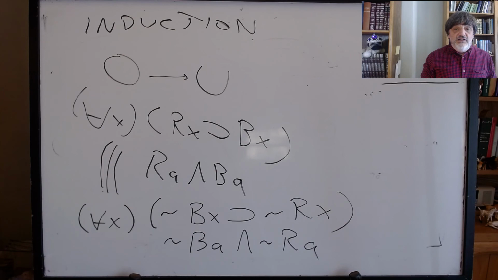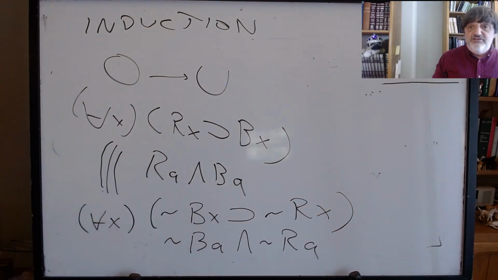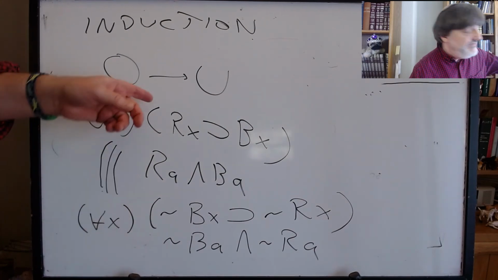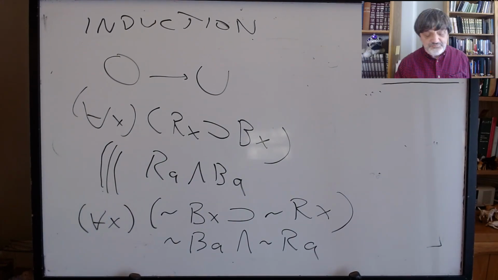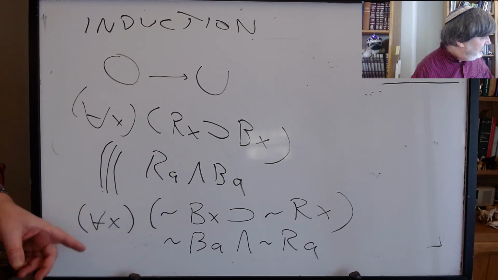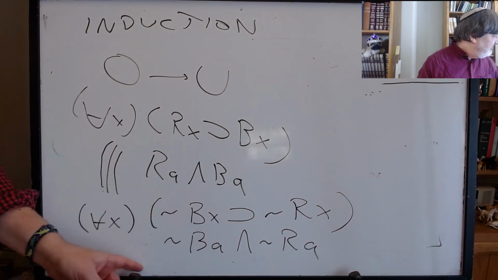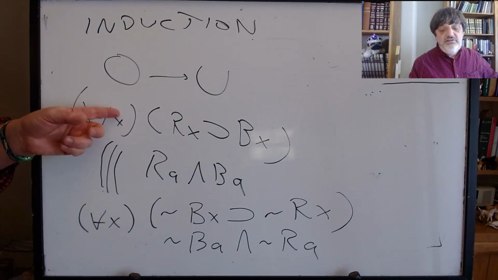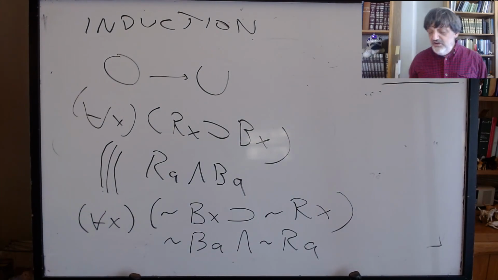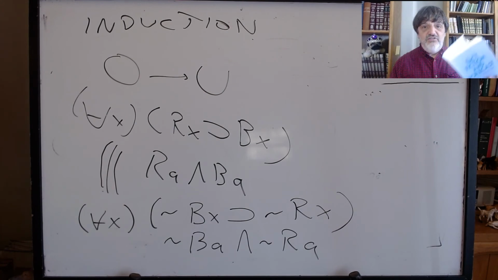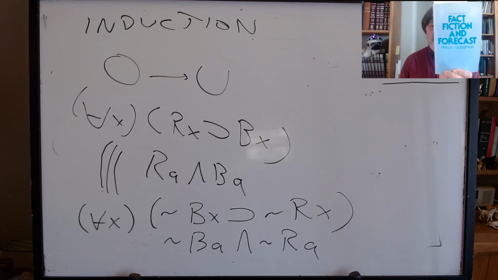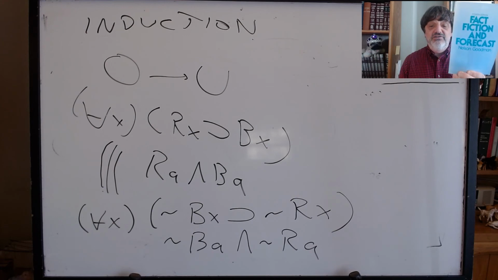Yeah. If we find something that's not black and not a raven, that should serve to confirm this, just as this serves to confirm that. But since these are equivalent, when you find something that's not black and not a raven, you're confirming this, because you're confirming this and it's equivalent to this. So here's this thing here that is not black and it's not a raven. Here's a piece of evidence that all ravens are black.